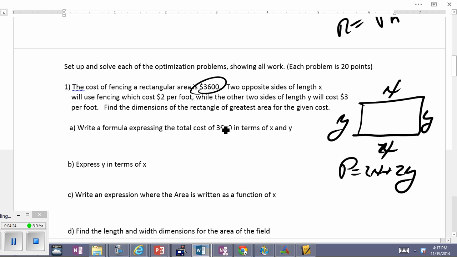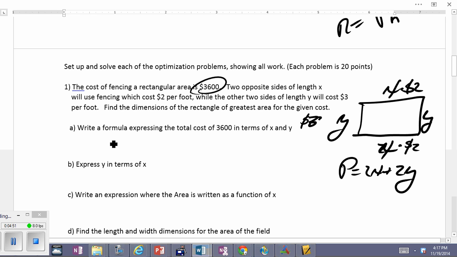We're not interested in the perimeter, we're interested in the cost. It says that it will cost $2 per foot in the x direction. So this is times $2, this is times $2. And $3 per foot in the y direction. So this is 3, this is 3.